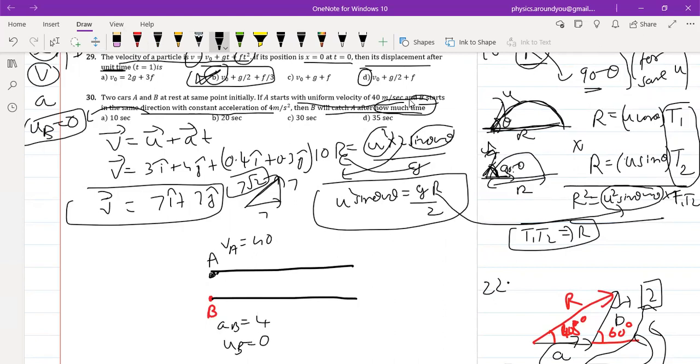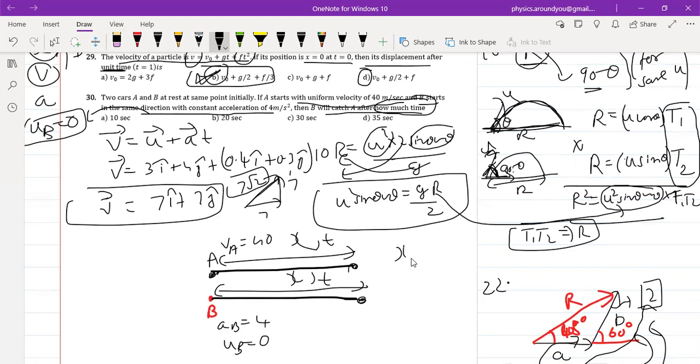All right. So here is where we can get relative velocity going into the picture. Either we can use relative velocity or we can use kinematic equations. Let us say they both meet at a common point x at the same time t.